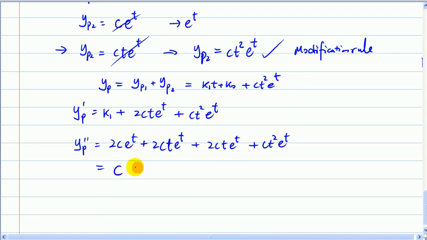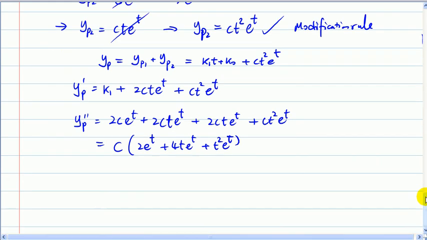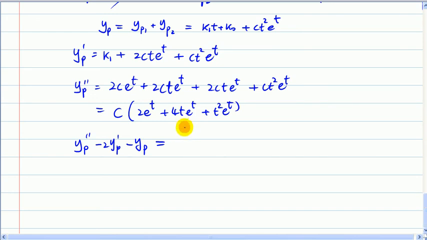Maybe we can simplify this one. You can take the c out, and there are 2 et here, plus 4t et plus t squared et. So let's substitute this back into our original differential equation. Now yp double prime minus 2yp prime minus yp equals, a fairly long expression here, so we've got to be careful.